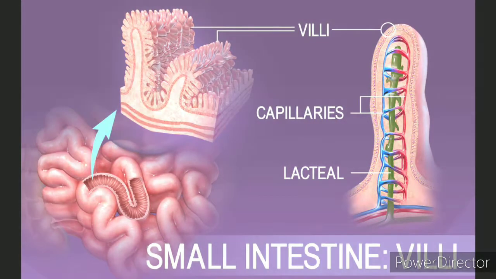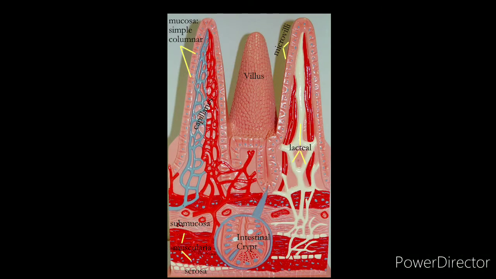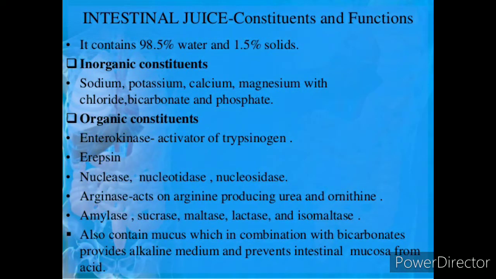First of all, there are fine finger-like structures called villi or microvilli, which help in the absorption of food as they increase the surface area of the small intestine. Secondly, segmentation mixes chyme with digestive juices and brings food into contact with the mucosa for absorption, and peristalsis propels chyme through the small intestine.